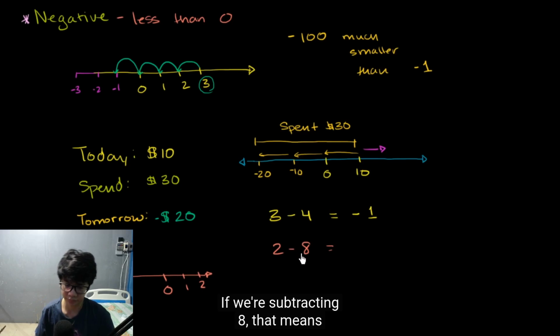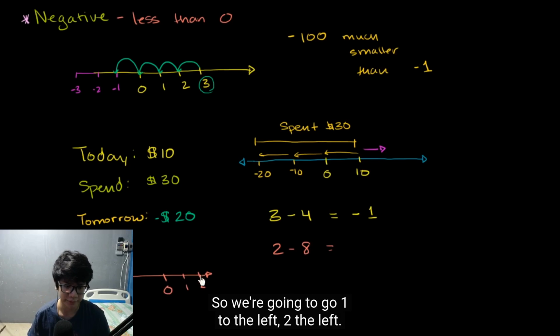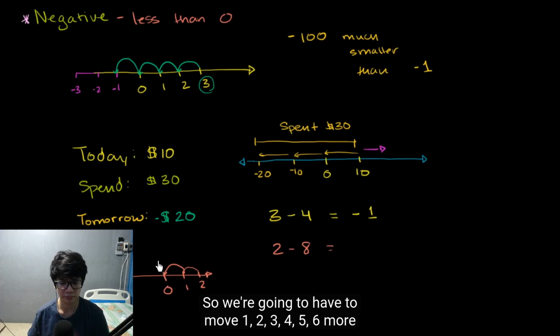If we're subtracting 8, that means we're going to move 8 to the left. So we're going to go 1 to the left, 2 to the left. So we've gone 2 to the left to get to 0. We have to move how many more to the left? Well, we've already moved 2 to the left. To get to 8, we have to move 6 more to the left. So we're going to have to move 1, 2, 3, 4, 5, 6 more to the left.